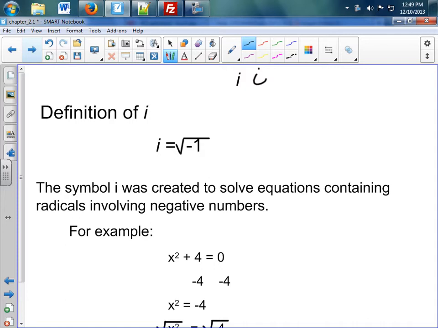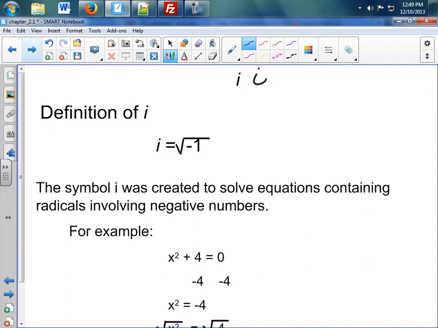All you need to remember is i equals the square root of -1.